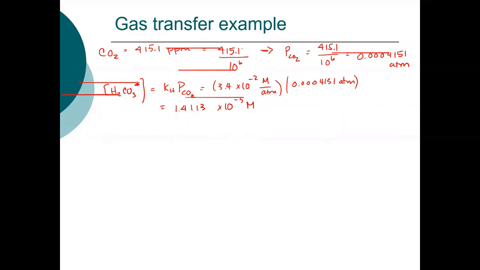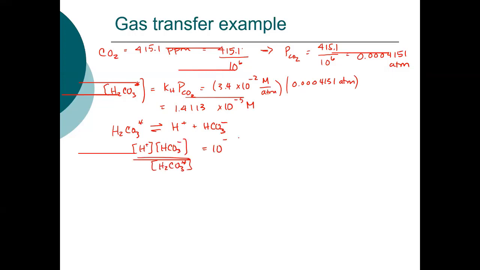Now to determine the pH, H2CO3 star dissociates to release a proton and form bicarbonate. So we can write an equilibrium expression, products over reactants, and that equals 10 to the minus 6.35.